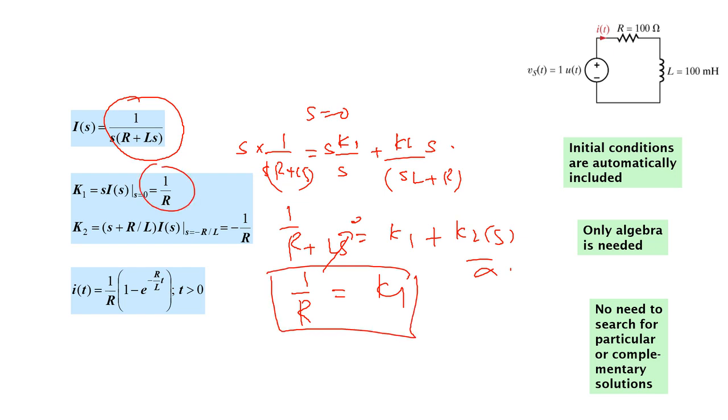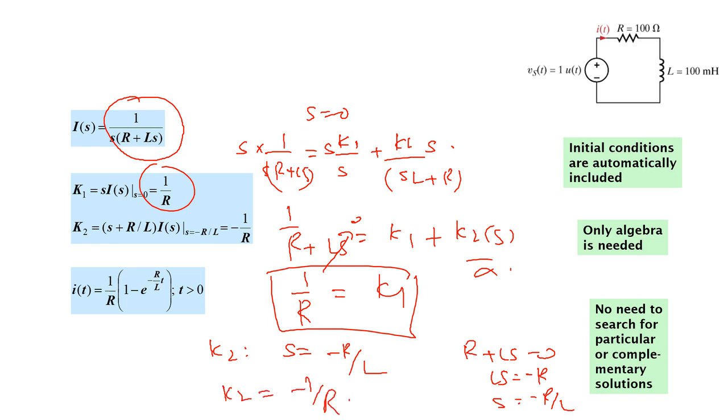Similarly k2 की वैल्यू के लिए हम s equal to क्या पुट करेंगे अब minus r by l पुट करेंगे because r plus ls equal to 0. So ls is minus r and s is equal to minus r by l. So इसे हमारे पास k2 की जो वैल्यू आती है वो क्या आती है -1 over r वो आती है.